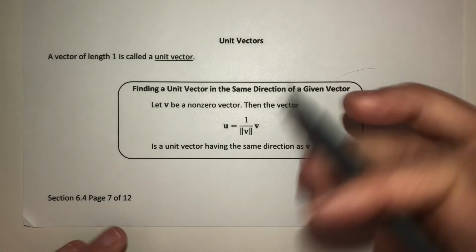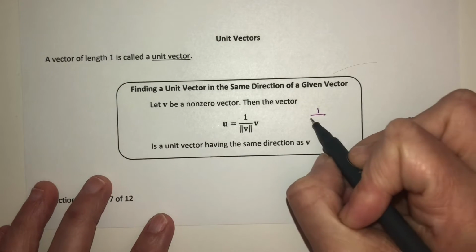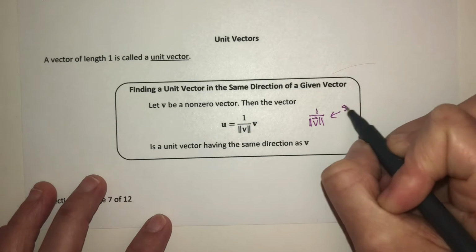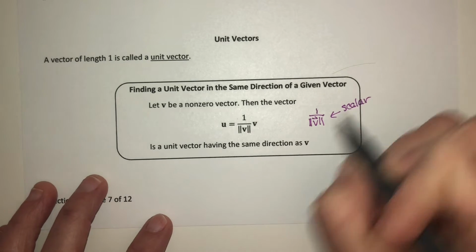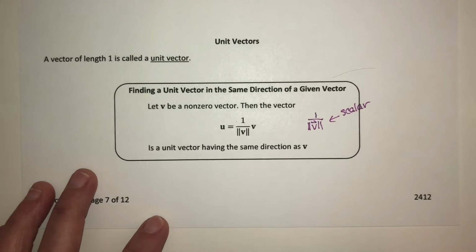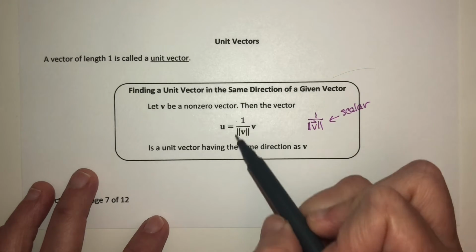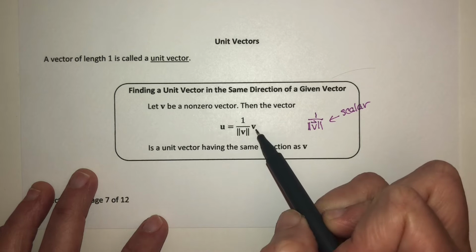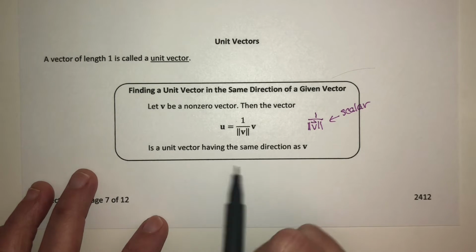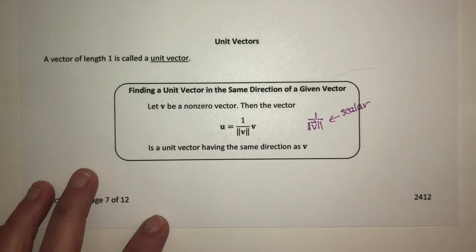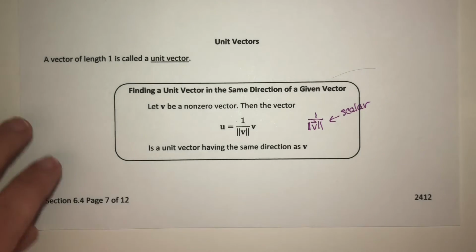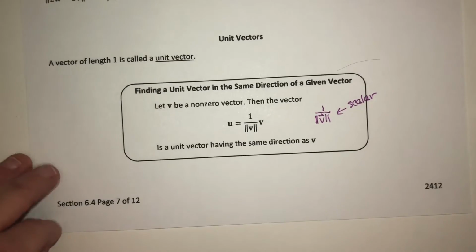And remember that this part, the magnitude of v, is a scalar, because magnitude gives you a real number. So this will be a scalar value times a vector. And what it's going to do is it's going to change it to something that is going to point in the same direction, but its length is going to be 1. Okay, so let's work a problem with that.